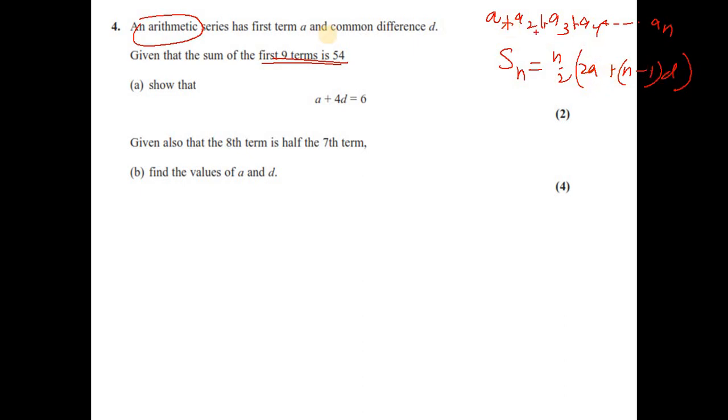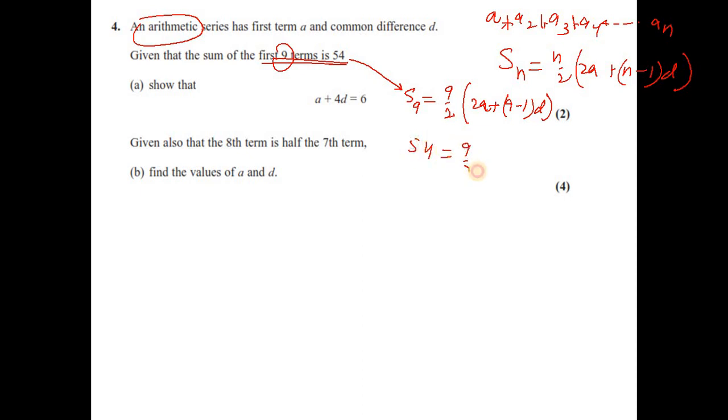And they are saying that the sum of the first 9 terms is 54, and the first term is a and the common difference is d. So you can say that S9, the sum of the first 9 terms, is 9 by 2 (2a plus (9 minus 1) into d). And S9 is given as 54, so you can replace 54 here.